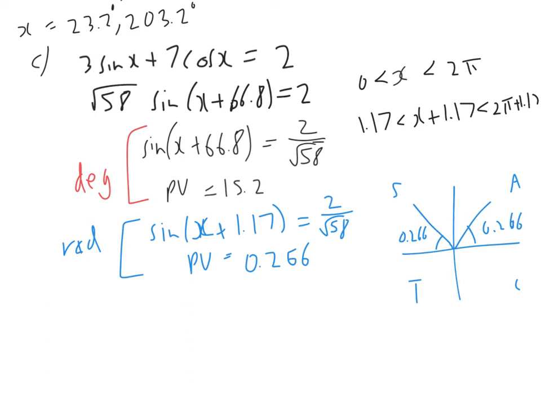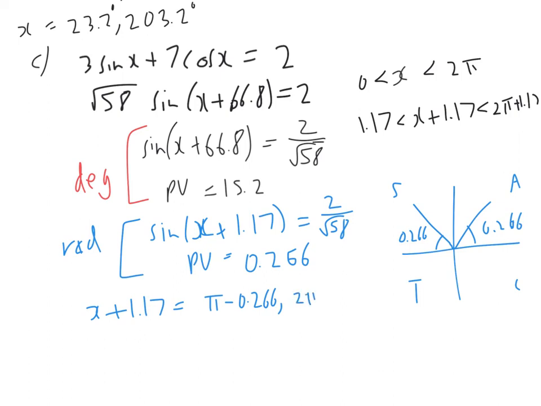The next one is this value here. What is the principal value? x plus 1.17 could be equal to pi minus 0.266, or if you go the whole way round, 2 pi plus 0.266, that will be in the range also.